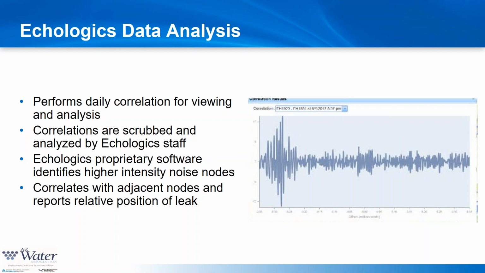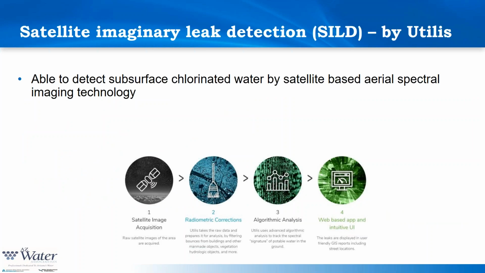Then we have to send out the field correlating techniques, which is exactly what Mike talked about before. I'll have a slide to just touch on that. The other technology is the SILD by Utilis. It takes microwave-based technology and covers a large geographical area, and it can pinpoint chlorinated water subsurface, which is pretty cool, pretty nifty.